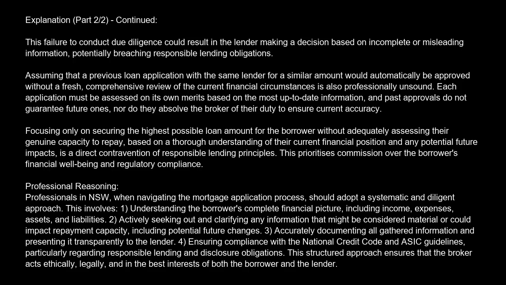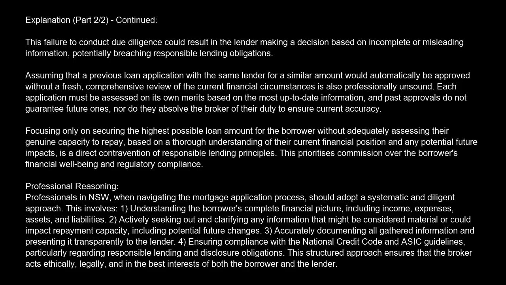Professional reasoning. Professionals in NSW, when navigating the mortgage application process, should adopt a systematic and diligent approach. This involves: 1. Understanding the borrower's complete financial picture, including income, expenses, assets, and liabilities. 2. Actively seeking out and clarifying any information that might be considered material or could impact repayment capacity, including potential future changes. 3.